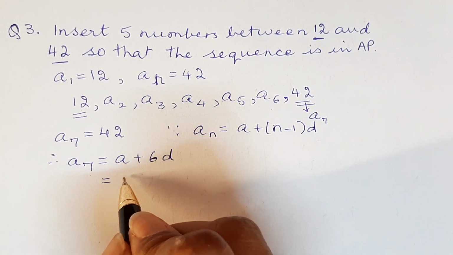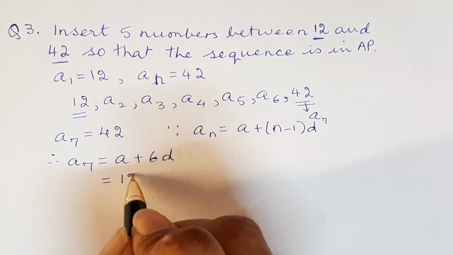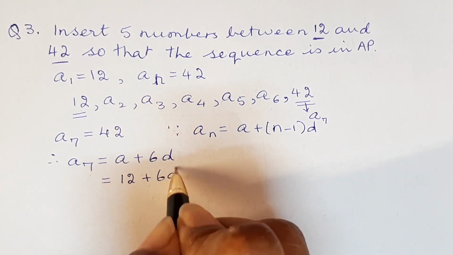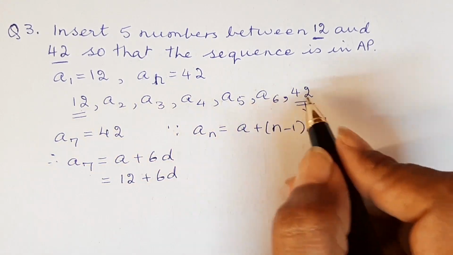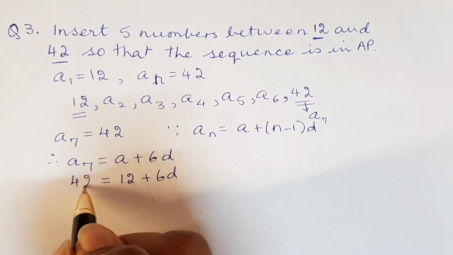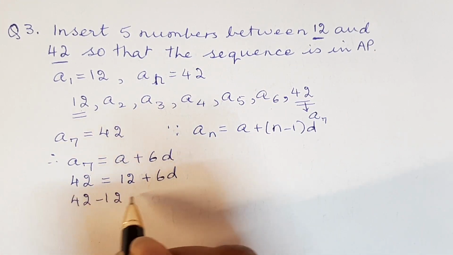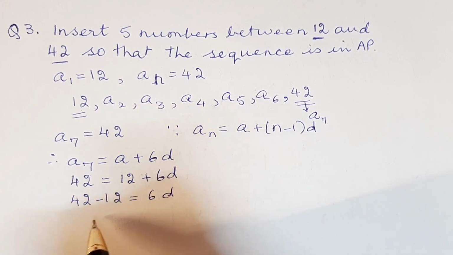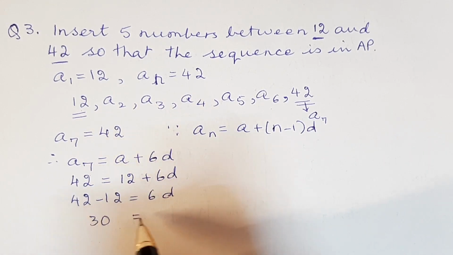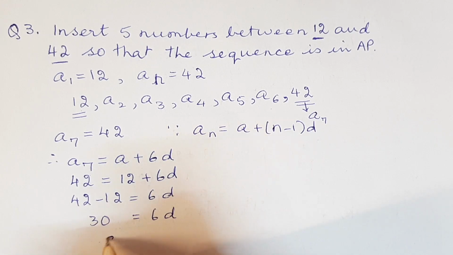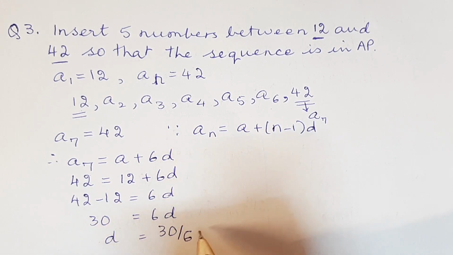It is 12 plus 6D. Do we know the 7th term? Yes, that is 42. And so we will have 42 minus 12 is equal to 6D. And so 30 equal to 6D. And our D will be equal to 30 upon 6, which is equal to 5.